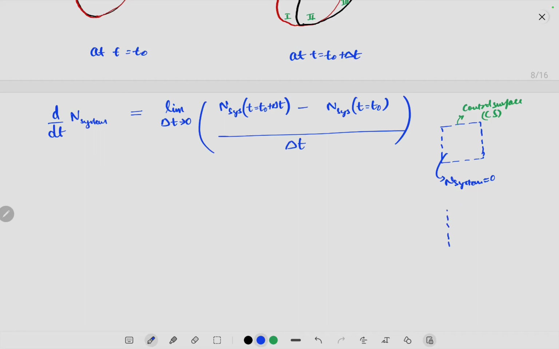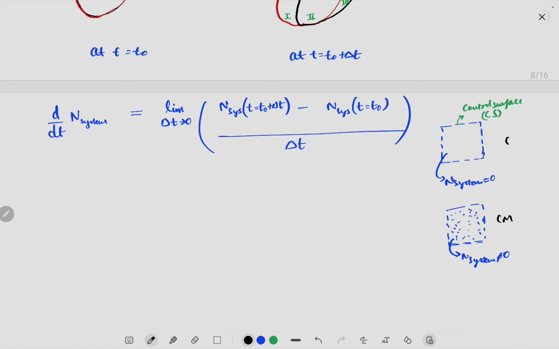Now let's say this is my control mass. Since a control mass always encloses the particles, N system can never be 0 inside your control mass.